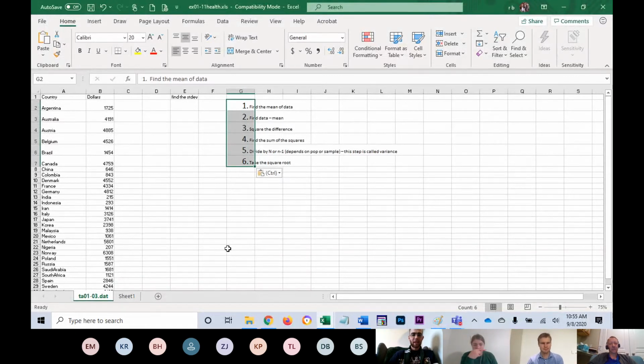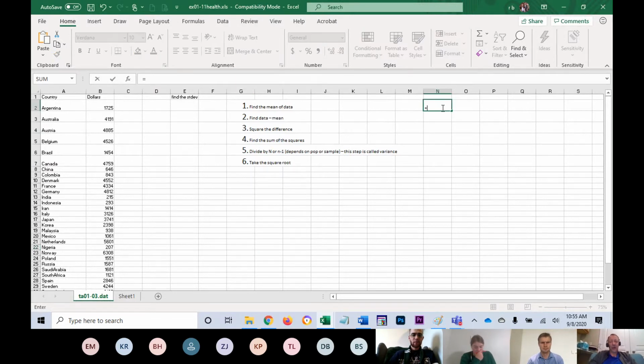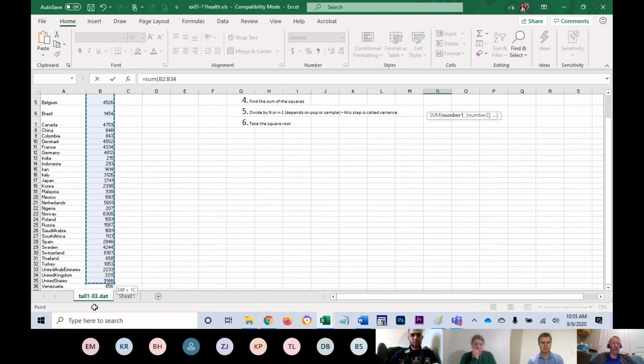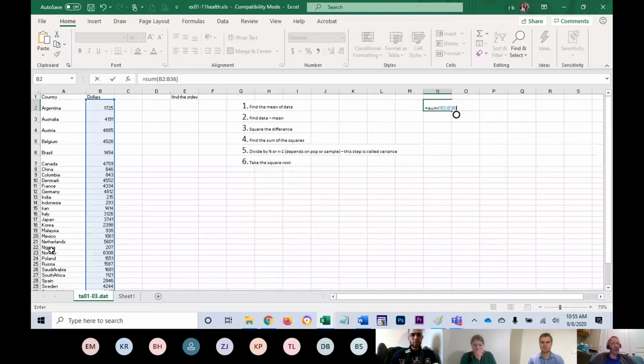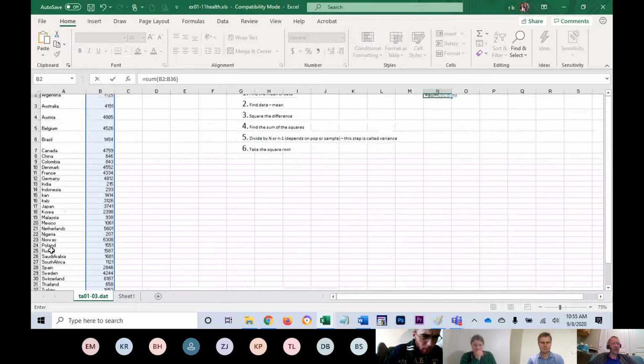You got to find the mean of the data. Okay. So find the mean of the data. So the mean is, how do you find that? So you're going to add everything up together and then divide it by the number of entries. Now, I'm really lucky because you're going to have to do this all on a calculator. Yeah, I'm relieved you have it in the format you do. Okay, so how many pieces of data do I have? I've got 35 pieces of data, right?